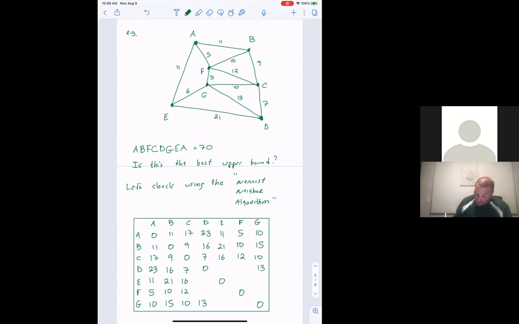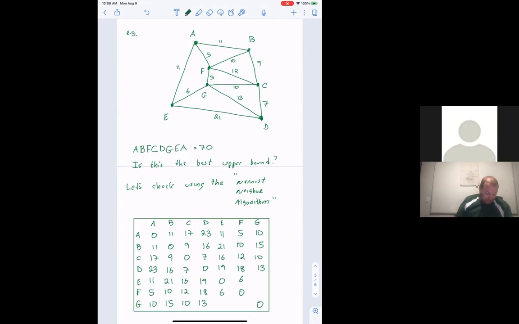DE, I have a direct route of 21, but I also have a 13 and 6. And I think 13 and 6 for 19 is going to be the best. DF, 13 and 5 is 18. And that beats 19. So it looks like 18 is going to be the best for that one. EF, 6.